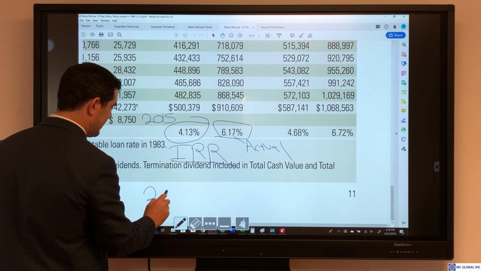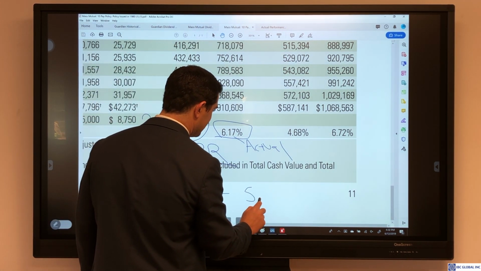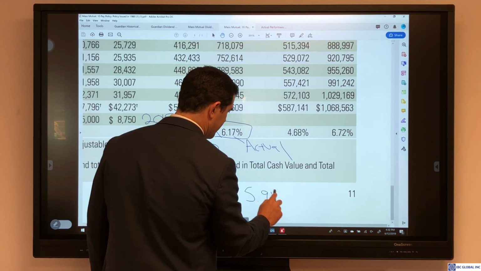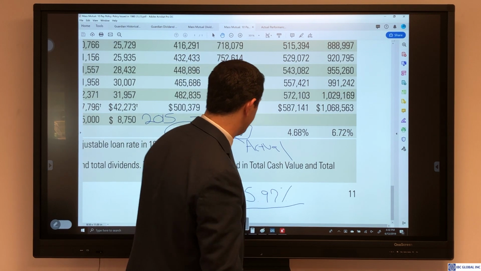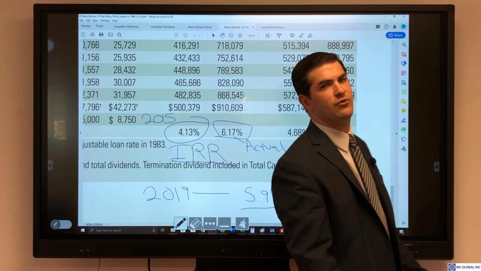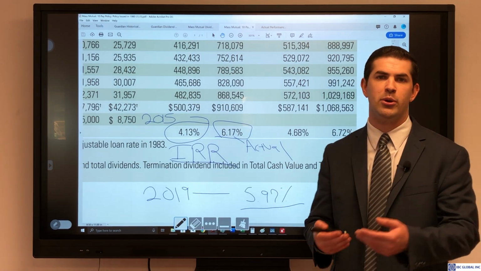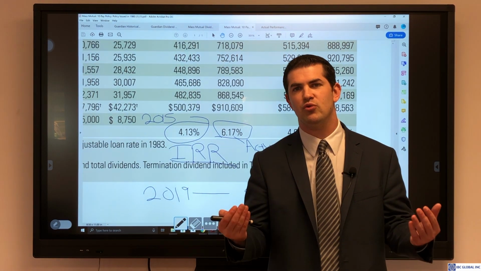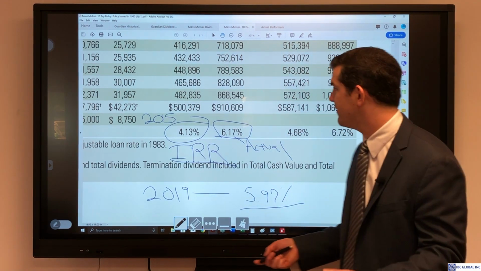We've got the 2019 study, and the net return, since the interest rate has been a little bit lower, are now about 5.97% for this individual. Still very close to that 6% range. Point being, this is a historical policy where we are tracking the actual results, not just a projection. That's what we want to be aware of.